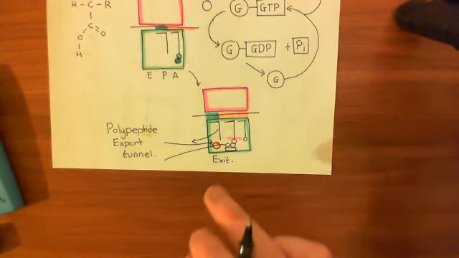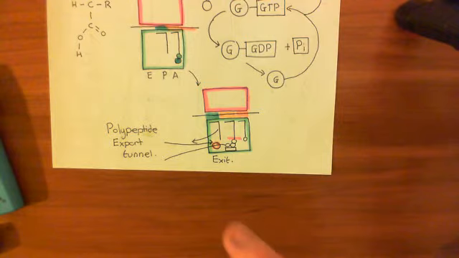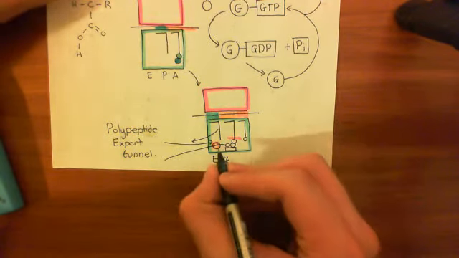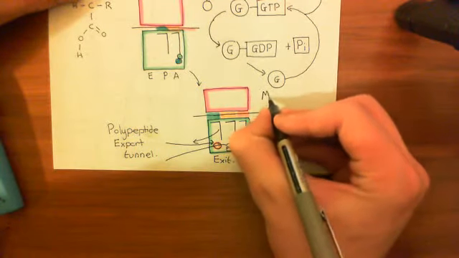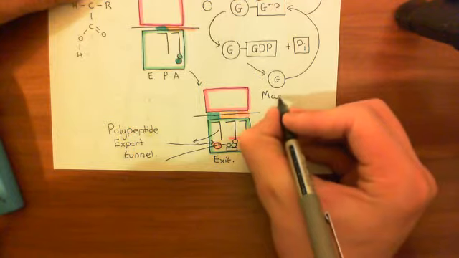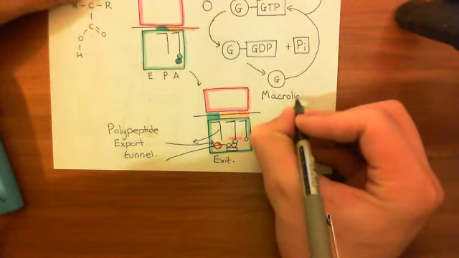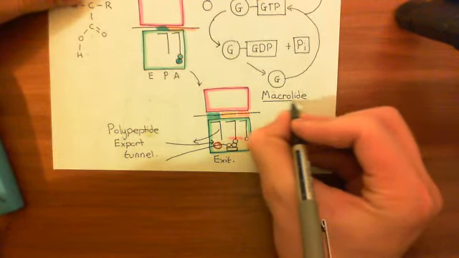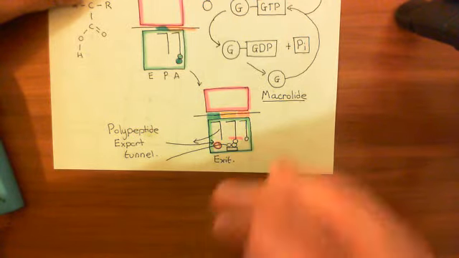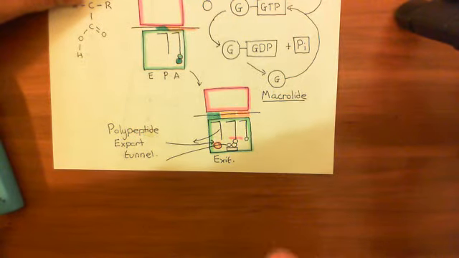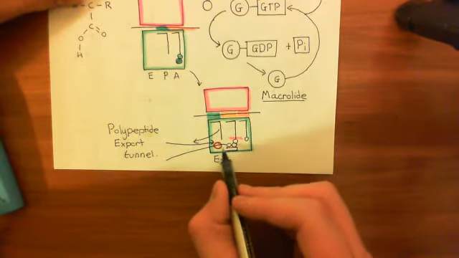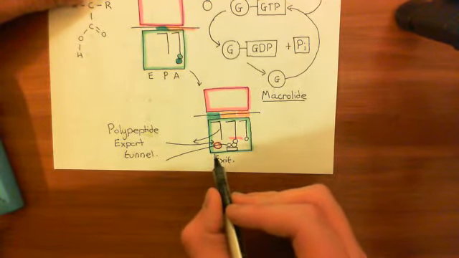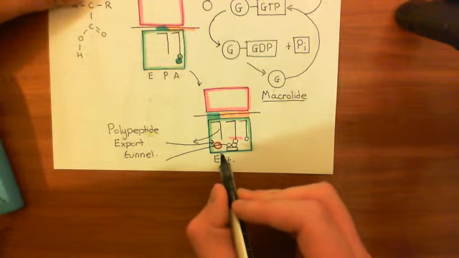This polypeptide export tunnel is the target for the macrolide antibiotics. The macrolide antibiotics bind to this 50S ribosomal subunit, and they block that tunnel. They bind to this portion here, over the polypeptide export tunnel, blocking it. So that means that this growing polypeptide can't get out of the ribosome, so it gets stuck within the ribosome.